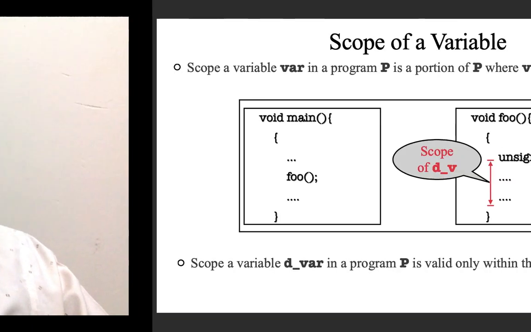Okay. Now we are going to see a class of variable called automatic variables or local variables, and which is defined based on the scope and lifetime of these variables. So we are going to see what are automatic or local variables.